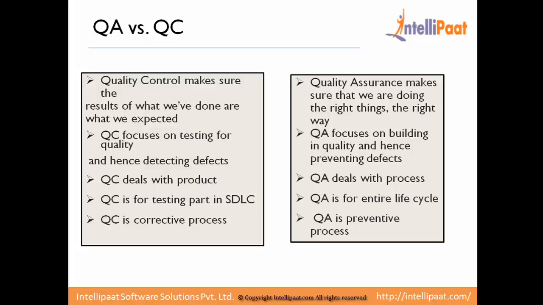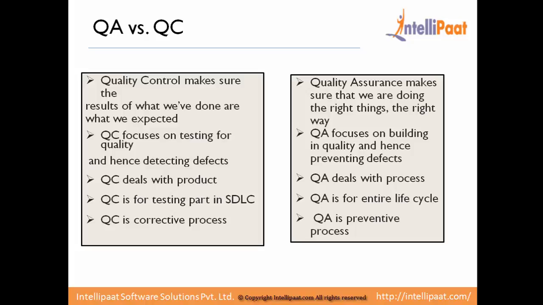QC focuses on testing for quality and hence detecting defects. So, like we mentioned earlier, QC is a function which is going to discover and find out the defects, report them, and focus on the quality that can be improved by fixing these defects.